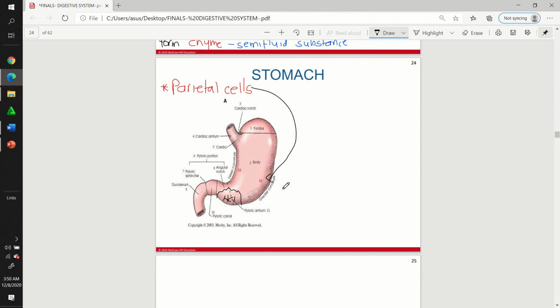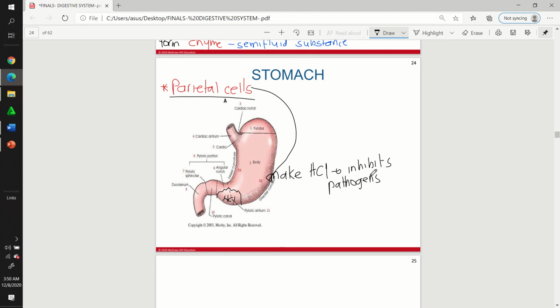Anong ginagawa ng parietal cell po natin? Parietal cell makes hydrochloric acid, which inhibits pathogens from invading the digestive system.